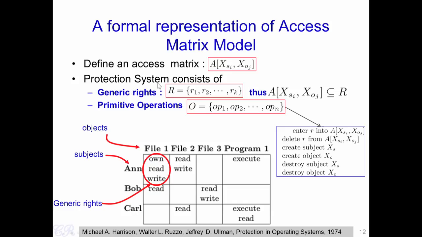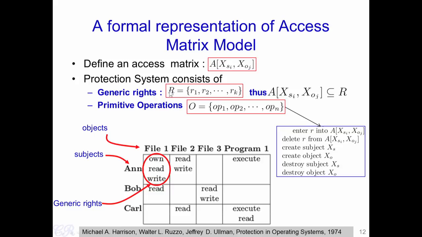In order to represent this access matrix model formally, we can define this matrix A, which comprises XS_i, that is for subjects, and XO_j, which is for an object. A of XS_i, XO_j would indicate the subject S_i, for instance Bob, and an object, for instance file 2. Then we could also give rights to each cell in this matrix.